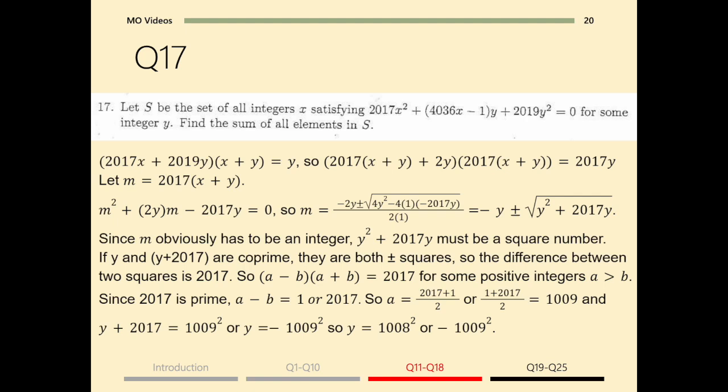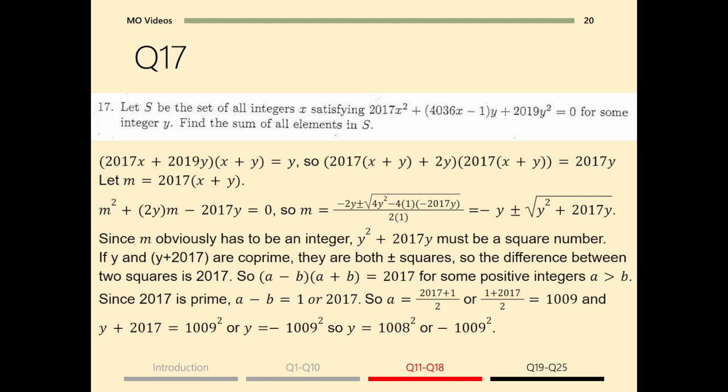Let's say y and y plus 2017 are co-prime. Then they have to be either both squares or both negative of squares. So the difference between two squares would be 2017. So for some a more than b, a minus b times a plus b is 2017.